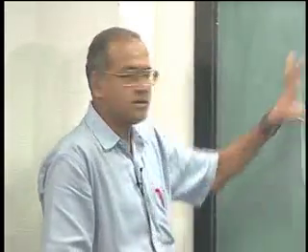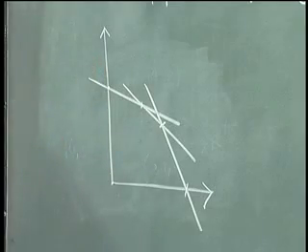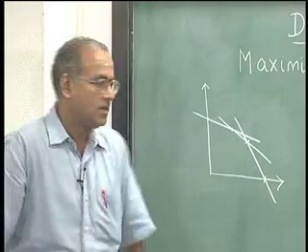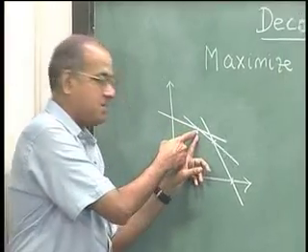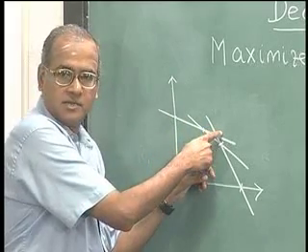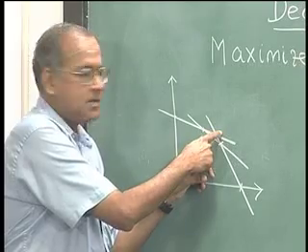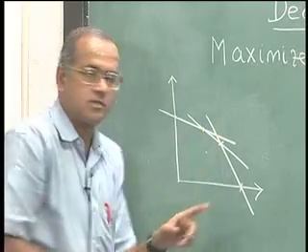If we expand it to higher dimensions, then it becomes a convex combination of one or more corner points. For example, this point can always be represented as lambda 1 into this plus lambda 2 into this, where lambda 1 plus lambda 2 is equal to 1. Similarly, any point inside can also be represented as a convex combination of the given corner points.